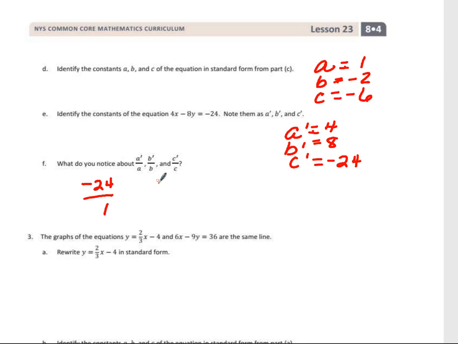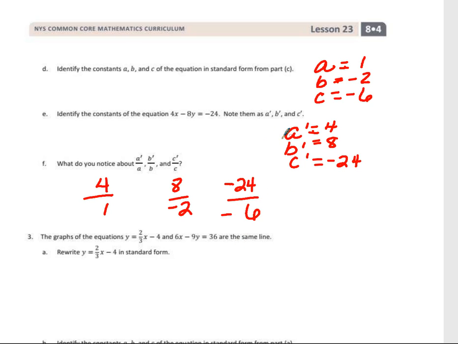B prime was not negative, 8 over negative 2. And C prime, let's back up on that because I know you're thinking I'm crazy, and some days I am. Our A prime was 4 over 1, and then it was positive 8 over negative 2. And then C prime was negative 24 over negative 6.